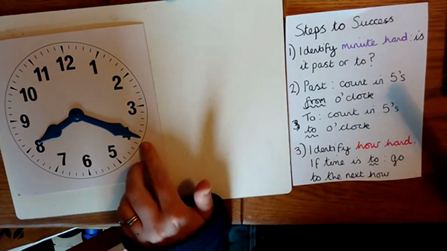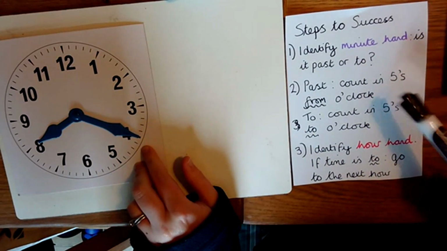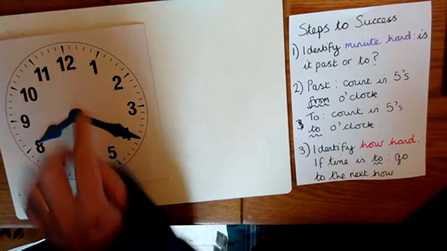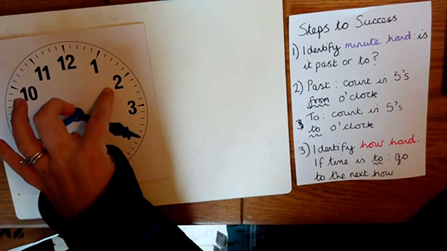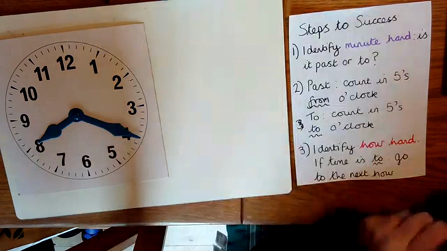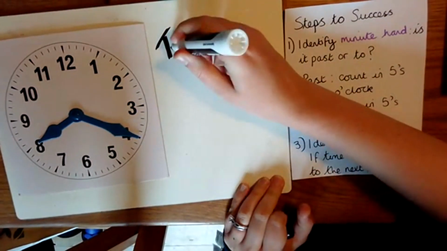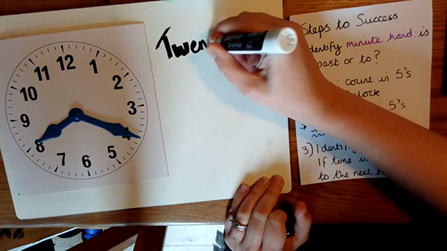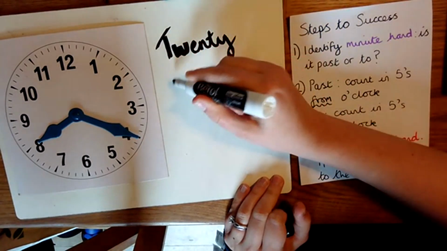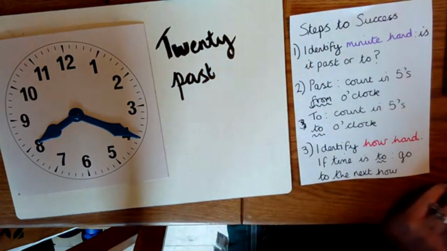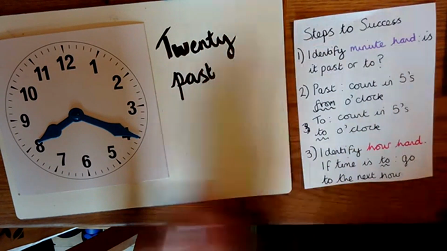It's past. Step 2, we're going to count in fives from o'clock. So here is o'clock. Count with me: 5, 10, 15, 20. So I already know my time is 20 past. Now we need to identify our hour hand. Where is our hour hand?